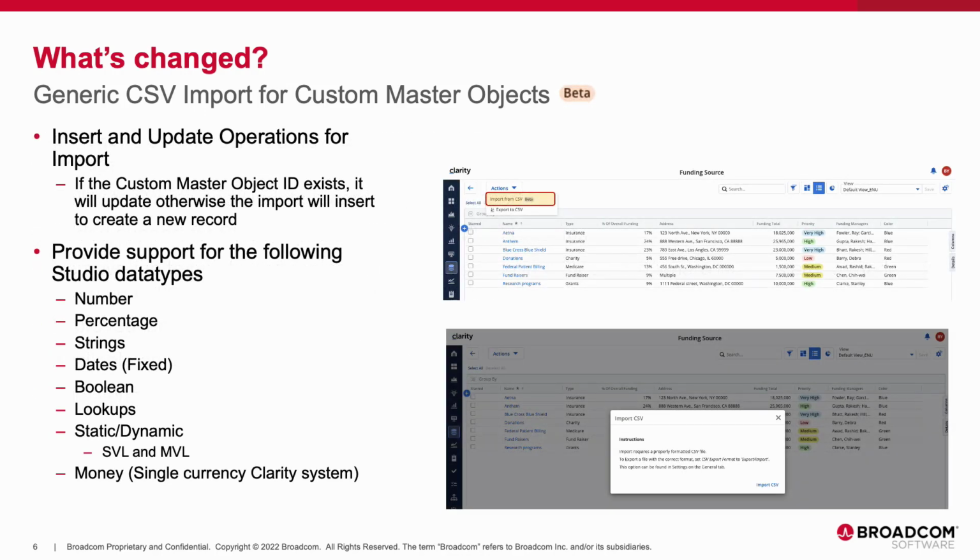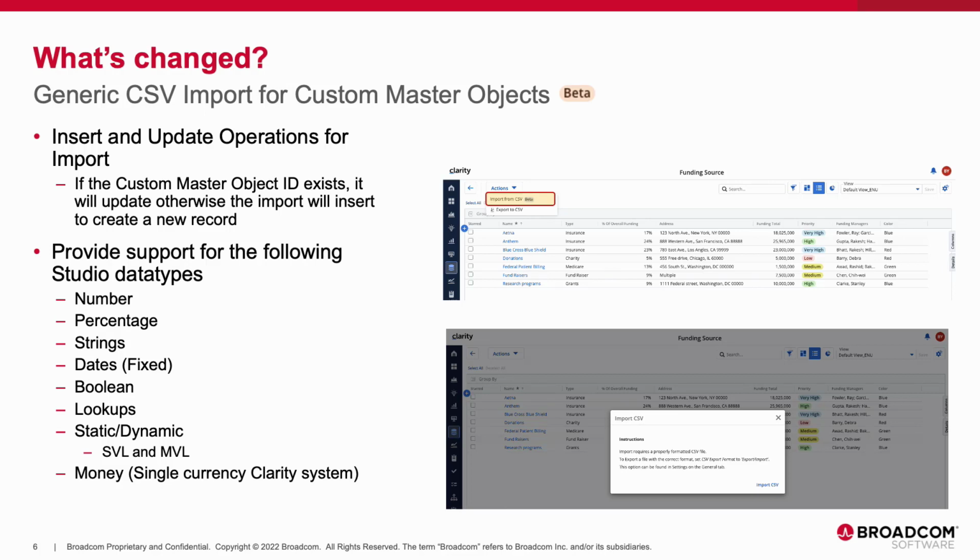So what are the core changes related to the generic CSV import? One that we mentioned before is that we support not only insert but also update operations for the import. The key thing, how you identify between the insert and the update, is that if the custom master object ID exists, then it will be an update.